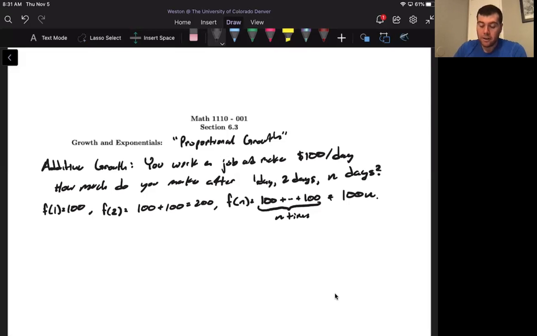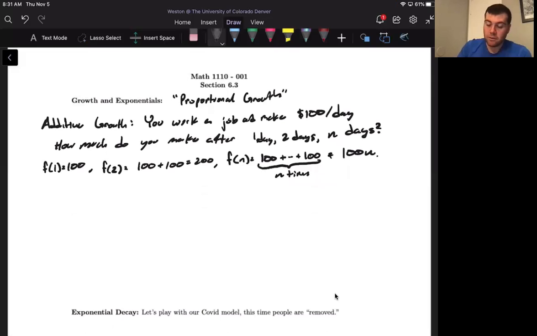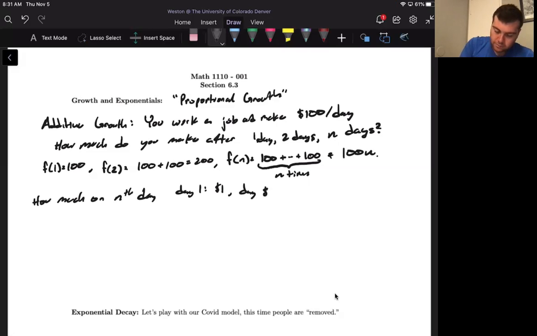What's a little bit harder is this proportional growth or exponential growth. So we did a problem in class where we were talking about how much would you make on the nth day if on the first day, if on day 1, you made $1, day 2, you made $2, day 3, you made $4, and so on.